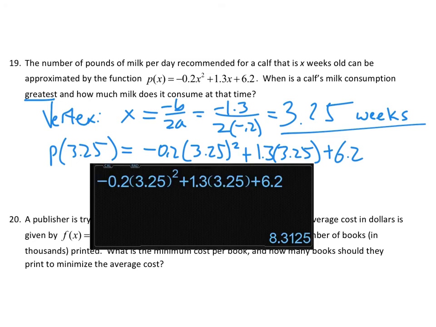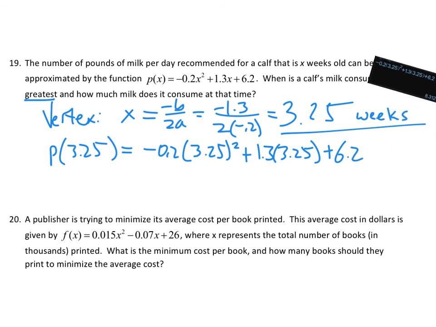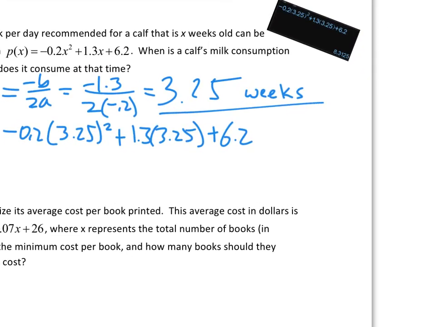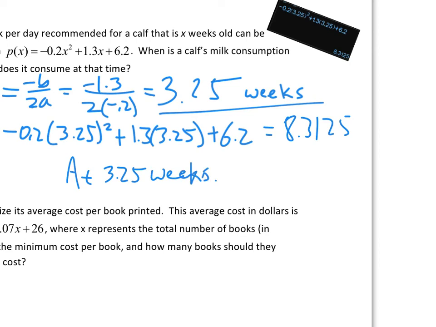And in our calculator, we get 8.3125, okay? So that would be the amount of milk, right? Number of pounds of milk, so 8.3125, all right? So we can write our conclusion: at 3.25 weeks, the maximum milk consumption is 8.3125 gallons.